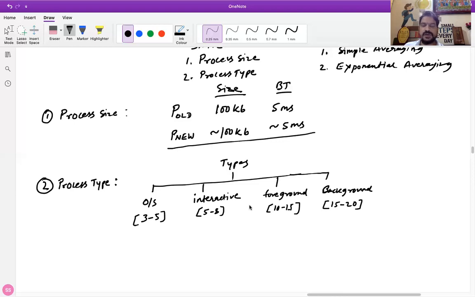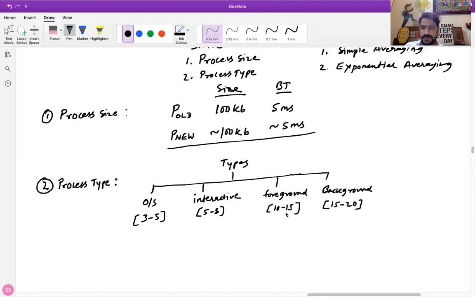So first we find out which type of process we got. We classify it into a category, and we say that it takes that much time. As you can see, it is not an exact time, it is an approximate time. So it may be 3, 4, or 5 if it is an operating system process. It may be 5, 6, 7, or 8 if it is an interactive process.